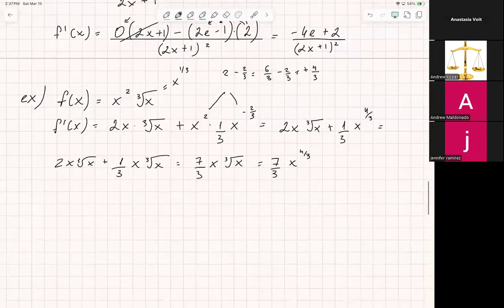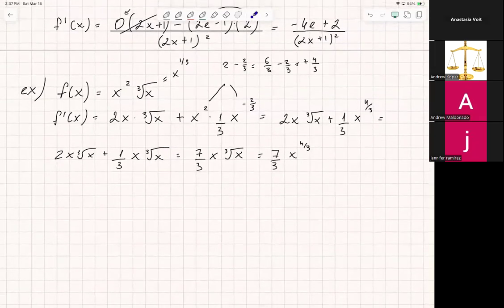So now what if we were to simplify this expression first and then use the power rule? So let me go back. f of x then equals, so we have x squared times x to the power of 1 over 3. So 2 plus 1 over 3 is going to be x to the power of 7 over 3, right?